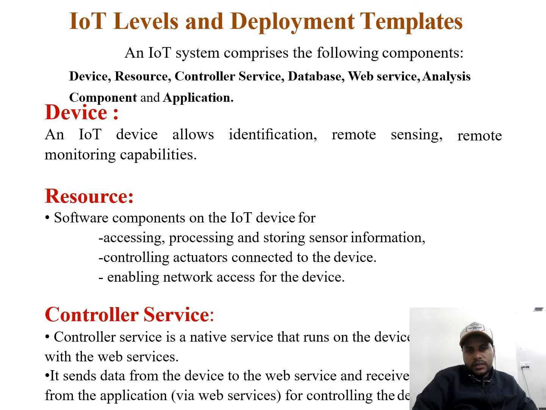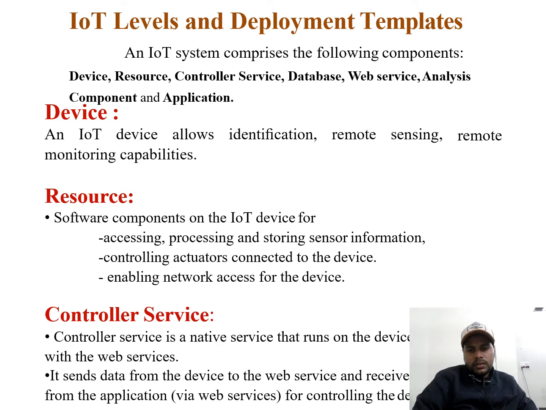Then the database, where we are storing the data of the device. Web service, how we are fetching that data using various APIs, REST APIs. Analysis component, we have to analyze the data which we have collected, and the application which we have to run for GUI purpose.